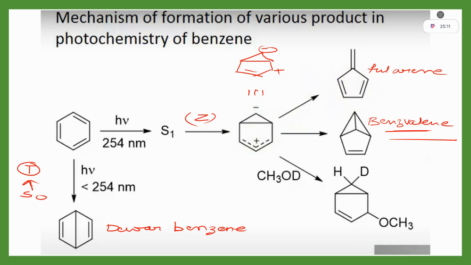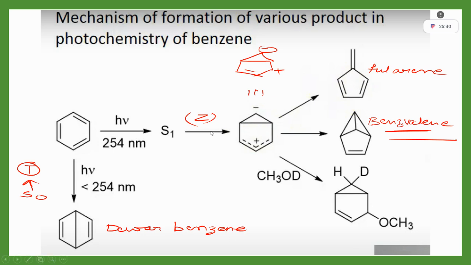So the conclusion till this slide is that whenever you are dealing with photochemistry of aromatic compounds, they can exist in three forms. One is their S0 ground state. The other two remaining are S1 and T1. In the triplet state, Dewar benzene will form. And in the singlet excited state, there are two possibilities: either they can go through fulvene or they can go through benzvalene.